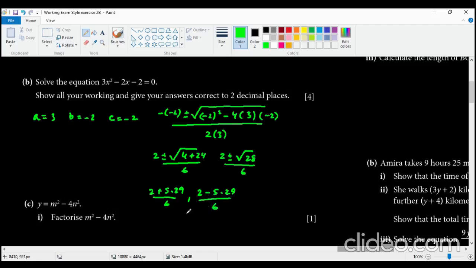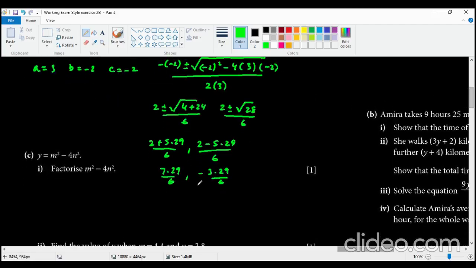These two are the values. So first one is going to give us 7.29 divided by 6, and this gives us minus 3.29 divided by 6. So first part is going to give us 1.22 and negative 0.55 as an answer for this question. These are the two values of x.